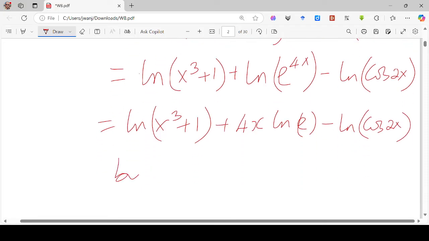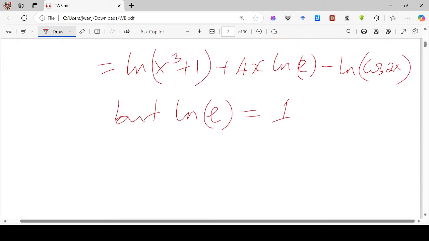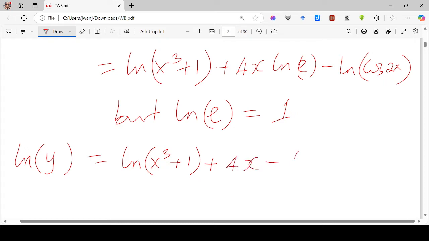But we can now find the value of logarithm of e. If you use your calculator, you can get this to be equal to 1. So that in this case, we can write logarithm of y is equal to logarithm of x cubed plus 1 plus 4x minus logarithm of cosine of 2x.